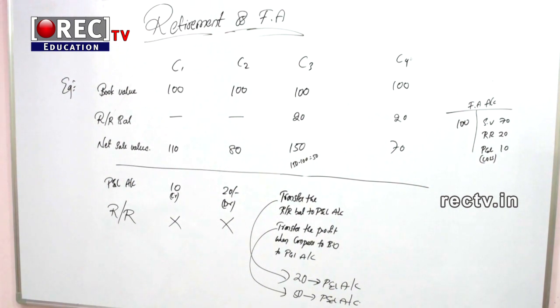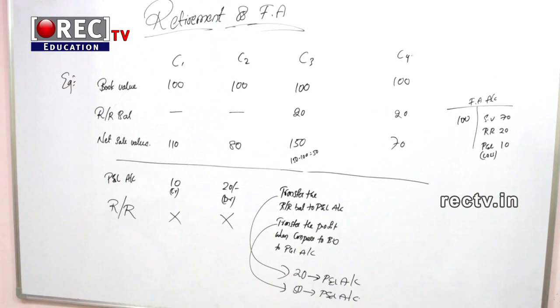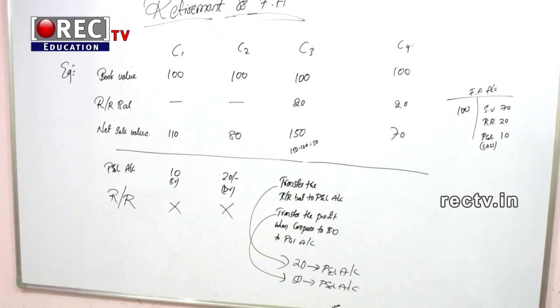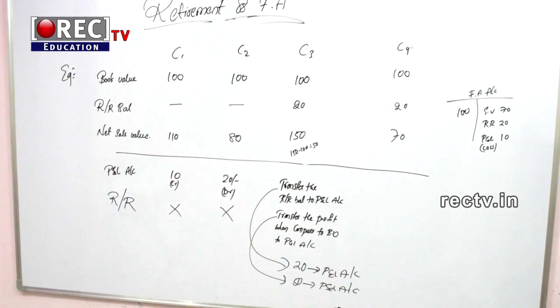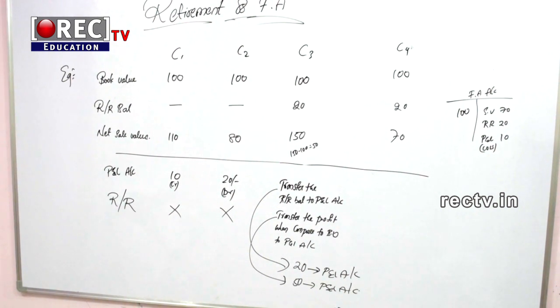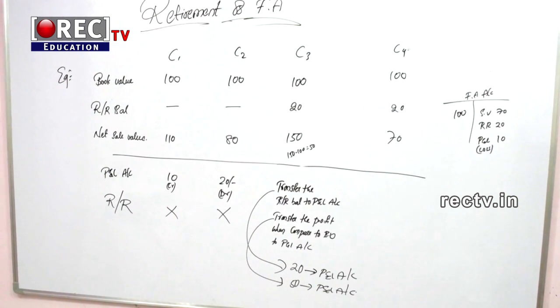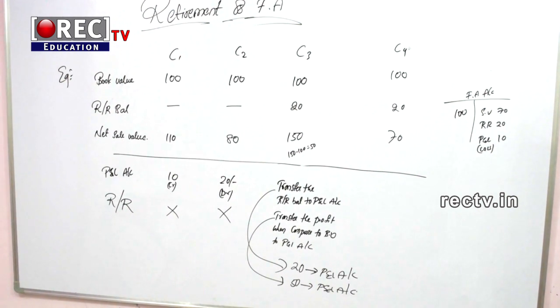Here the revaluation reserve balance of 20 rupees is transferred to the P&L account, and the remaining 50 rupees, that is 150 minus 100, sale value minus book value, is also transferred to the P&L account.